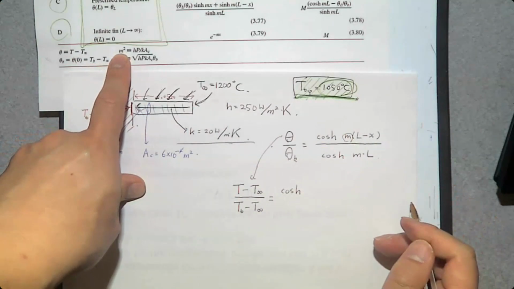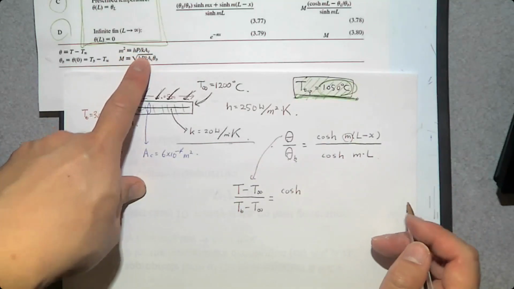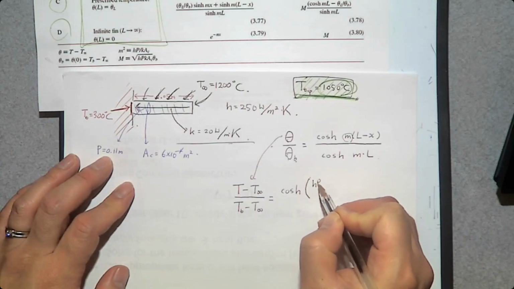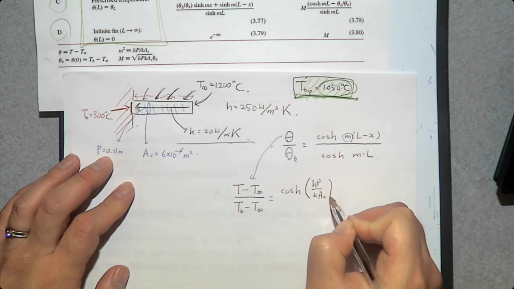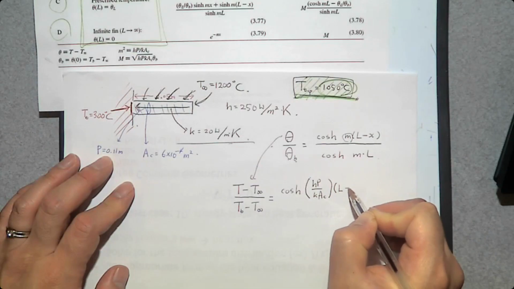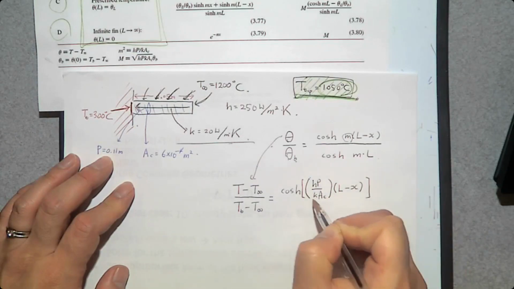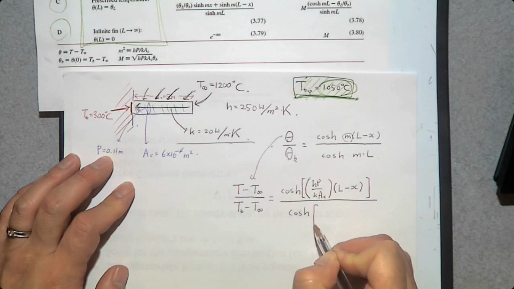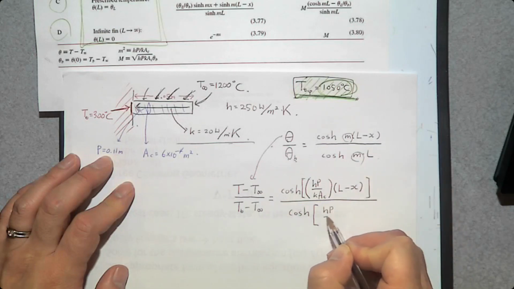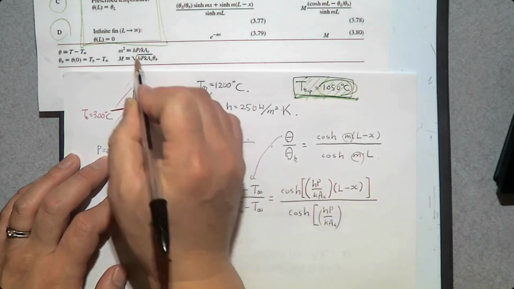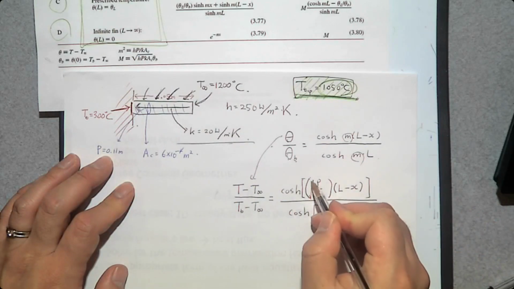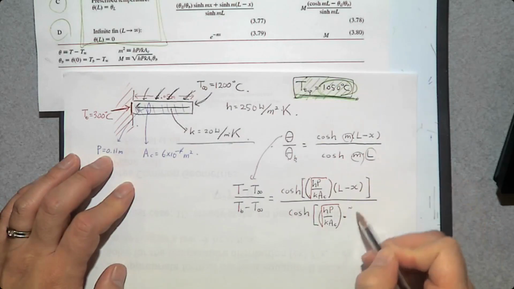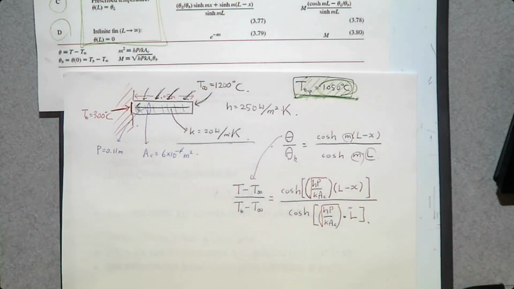What is m? m squared is hP over kA_c. So m is the square root of hP over kA_c, times (L minus x), divided by cosh of the square root of hP over kA_c, times L. So this is the equation.